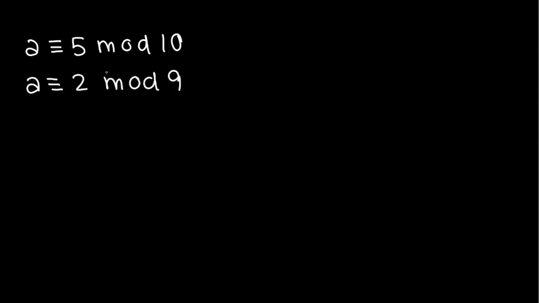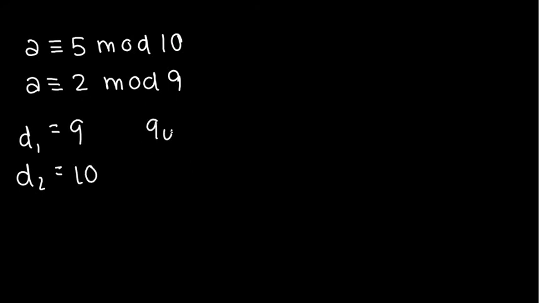You can either use the Chinese remainder theorem, or you can just test some values. But if you know the Chinese remainder theorem, it should be pretty easy to solve. So you just have to get d1, d2 with the modulus 90: 90 divided by 10 is 9, and 90 divided by 9 is 10.